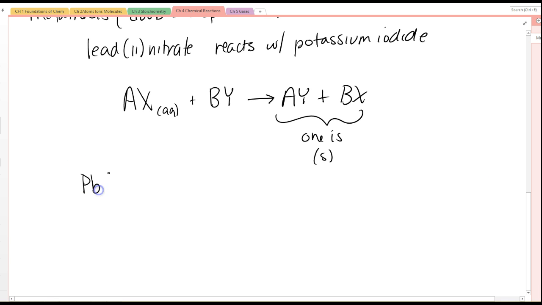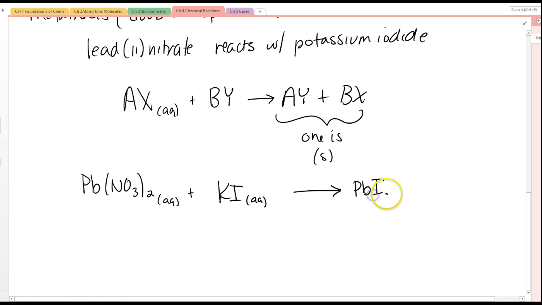So in the case of lead(II) nitrate, which you should have been able to write, it is Pb(NO3)2 aqueous plus potassium iodide, KI aqueous, we're going to yield two products. One of those products is going to be lead(II) iodide, and we don't know yet if that's solid or aqueous, and potassium nitrate.